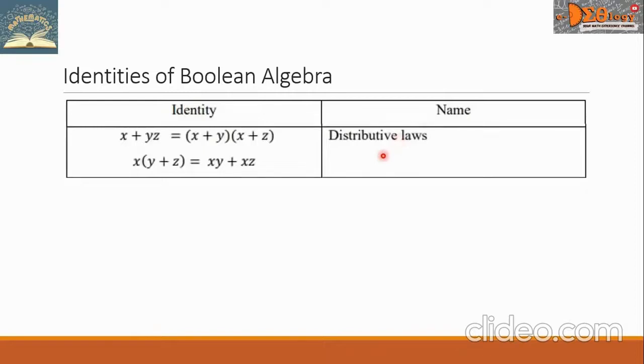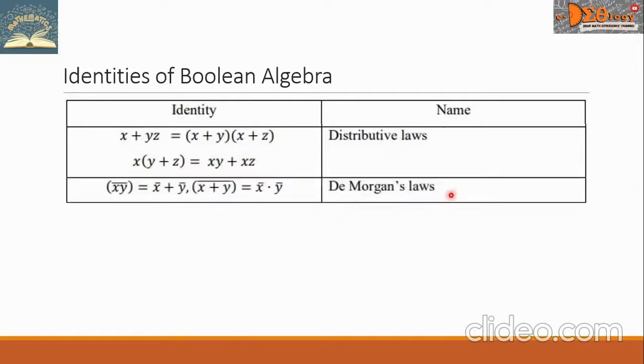This is now the distributive laws. The first part, x plus yz equals the quantity x plus y times x plus z. Second part, x times the quantity y plus z equals xy plus xz.